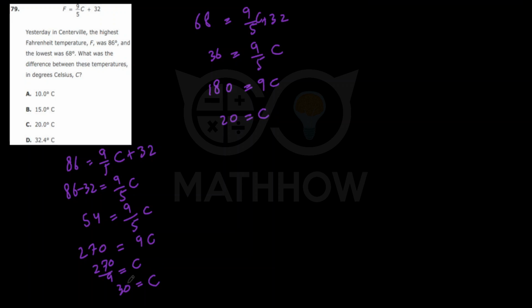The highest temperature in degrees Celsius is 30 and the lowest temperature in degrees Celsius is 20.